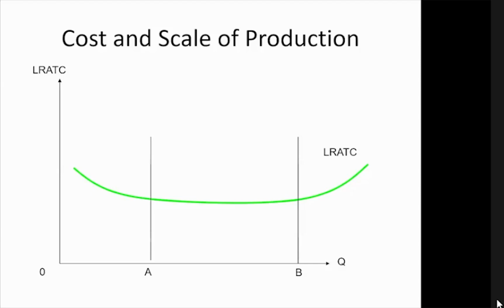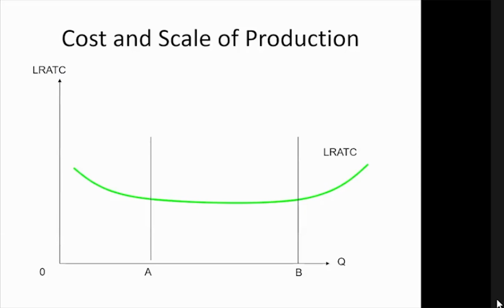What do we mean by scale? Scaling up. Scaling up means we are expanding. How do we expand our production process? By increasing all the inputs. If we increase or change all our inputs, then we are increasing the scale. So when we expand our production process, what is happening to our output? This is known as returns to scale. When we increase all our inputs, in our case we have capital and labor.